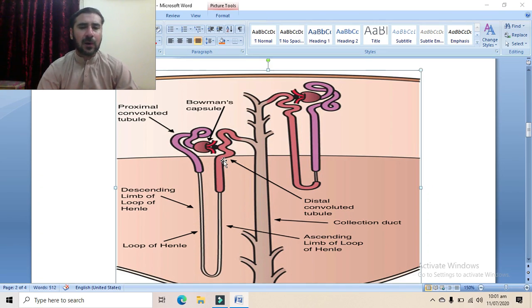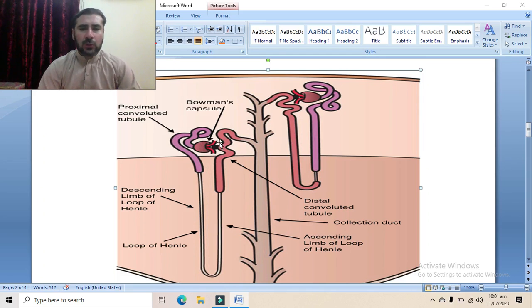This is the third part of the renal tubules. It is again moving upward into the cortex region, and is again highly coiled and convoluted. From here, it will enter this collecting duct. This is the collecting duct, the last part of the renal tubule.